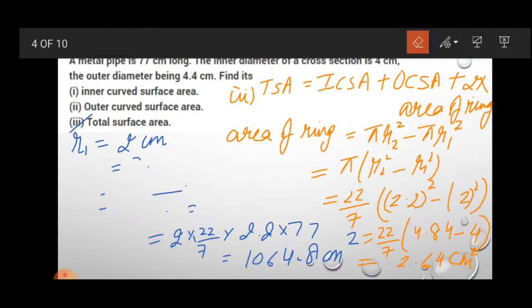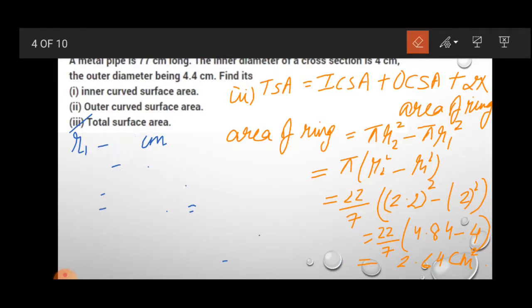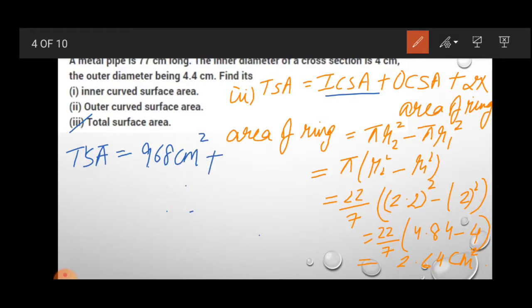Now total surface area is equal to inner curved surface area. In the first part, we found inner curved surface area is 968 centimeter square, plus outer curved surface area, which in the second part we found is 1064.8 centimeter square, plus 2 into area of ring.